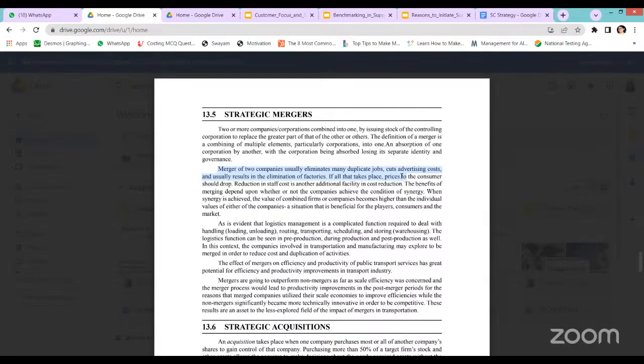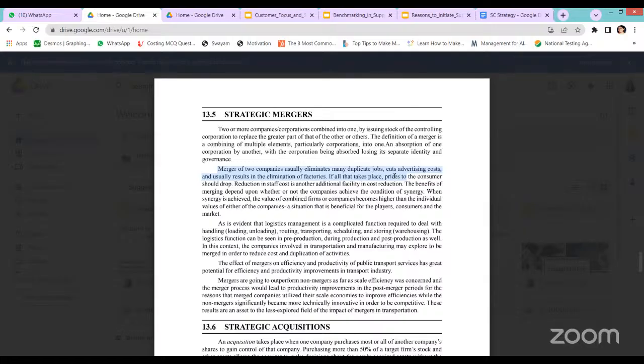See, in mergers, both the companies are there. In a merger, two companies merge together and form a new one, the duplication of their jobs will be eliminated, and the advertising cost will be reduced, and it leads to the profitability of the firms.